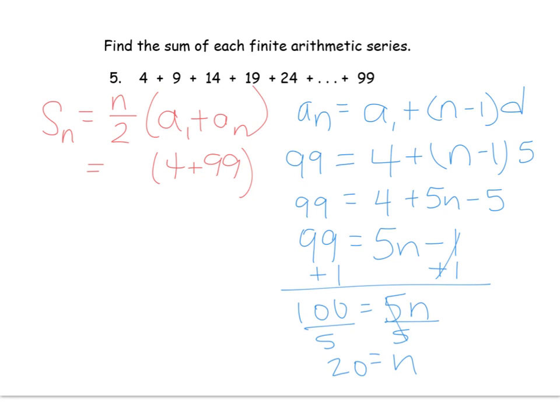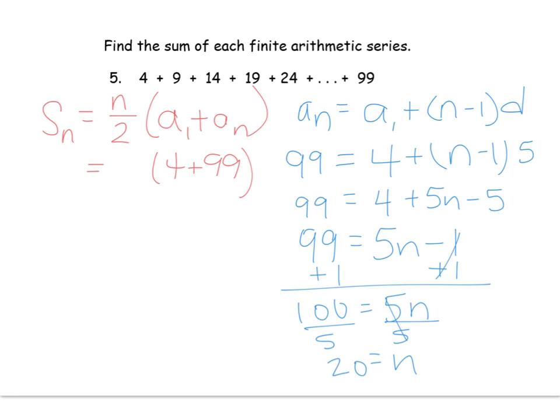So I found when I went to my arithmetic series formula that I did not know the number of terms. So I needed to go to the arithmetic sequence formula to find the number of terms. So I did that here. And I'm trying to solve for n. 4 was the first term, 99 was the last term, 5 was the common difference.